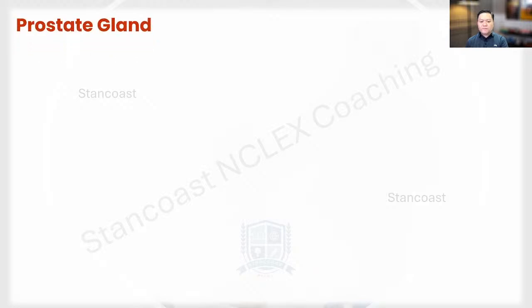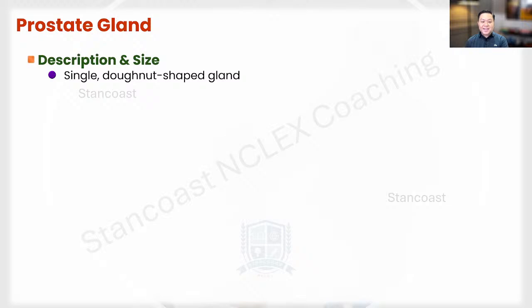Just a quick review: the prostate gland is a small single donut-shaped gland that is very comparable to a golf ball. Okay, that's quite small. From side to side, it measures about 1.6 inches or 4 centimeters. From top to bottom, it measures about 3 centimeters or 1.2 inches. And from anterior to posterior, it measures about 2 centimeters. So not quite a huge organ.